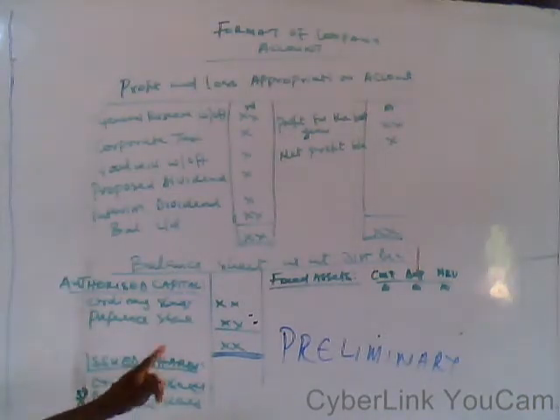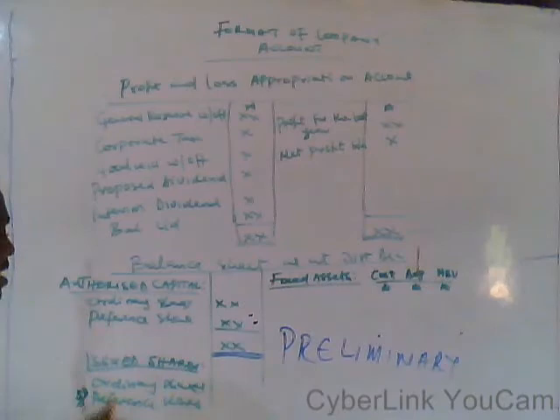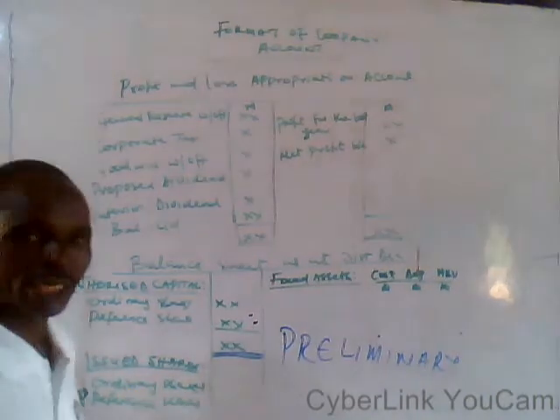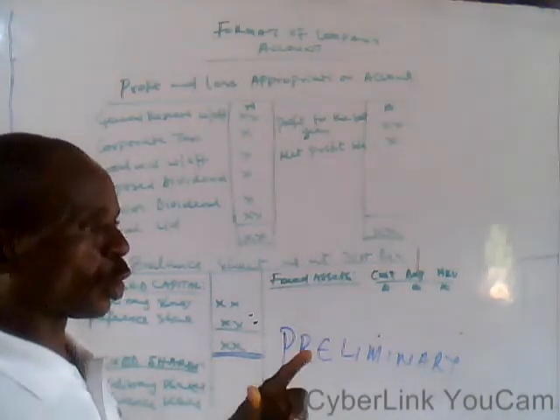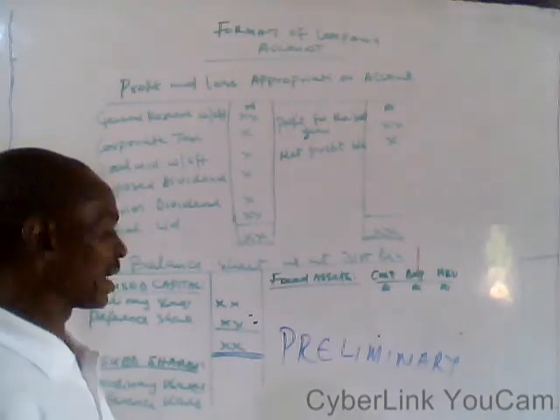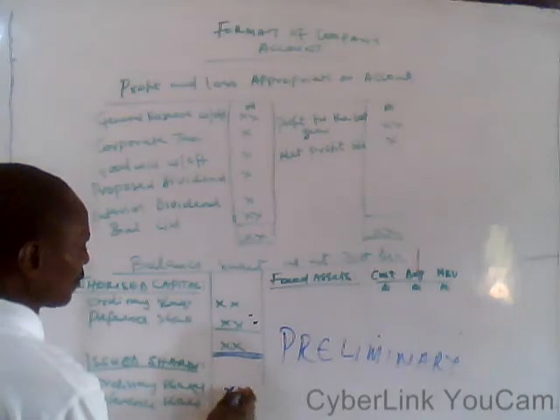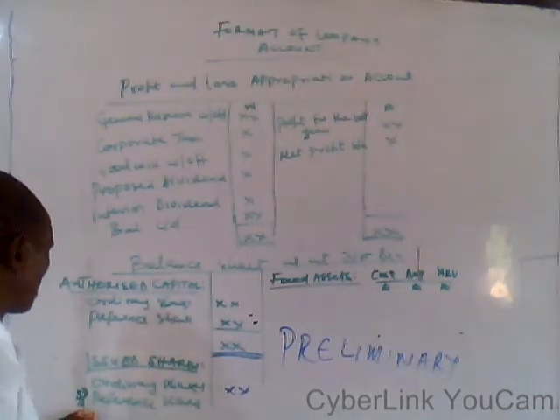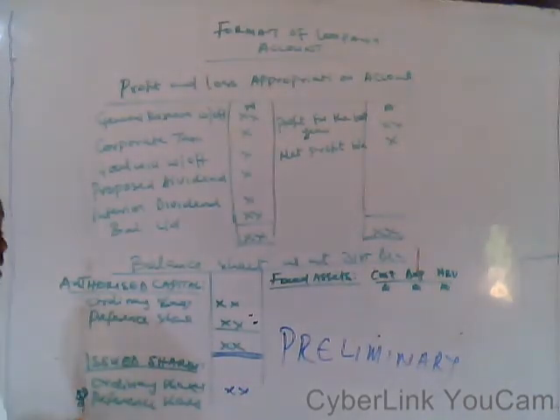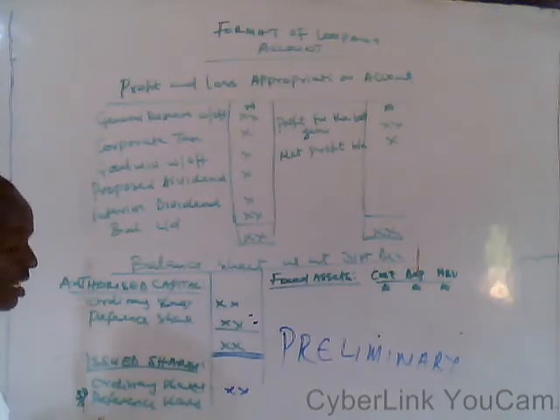Issued shares or issued capital, you have the necessary information concerning the issued share under the major body of the trial balance. Here you have the ordinary shares. The ordinary share, you have the figure, and here you have a 5%, or any percentage given to you, before they write the preference share.